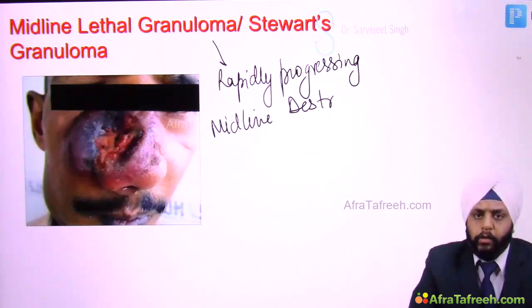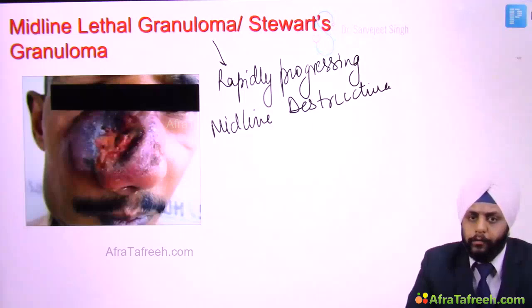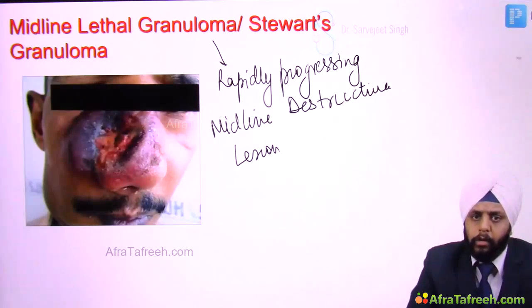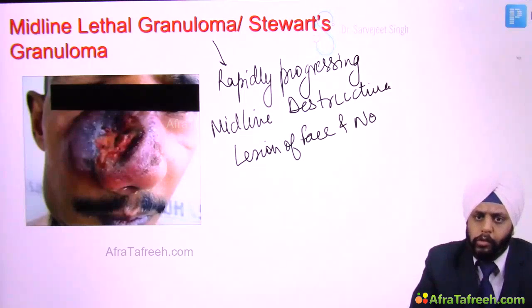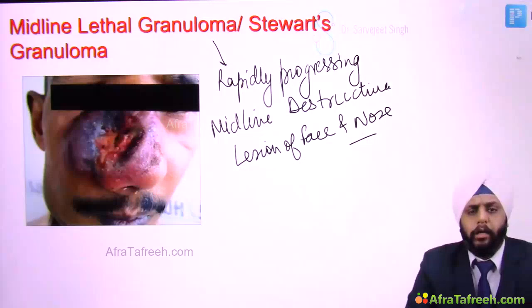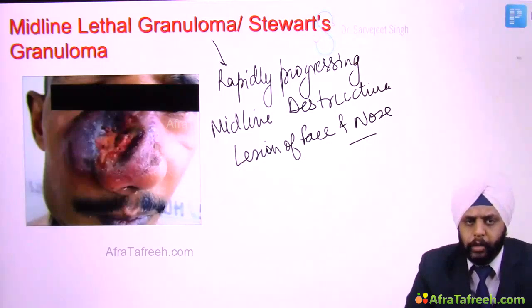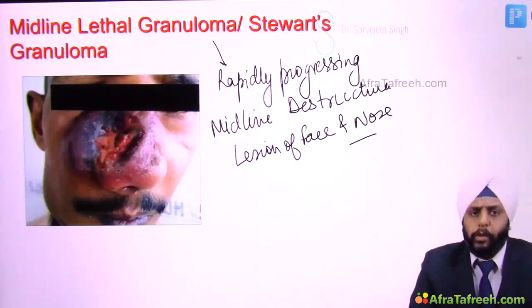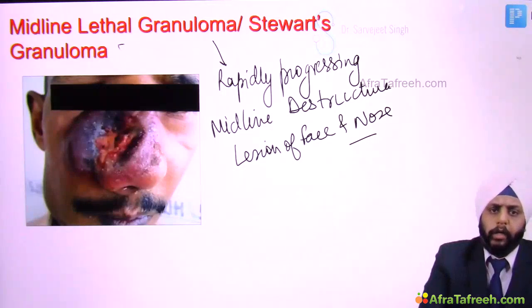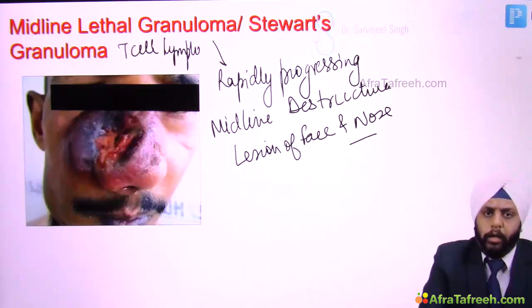So you see, this quickly destroys the face and nose. Okay, face and nose. That is why it is known as midline lethal granuloma. Now, this tumor, also known as Stewart's granuloma, is generally a T cell lymphoma or an NK cell lymphoma.